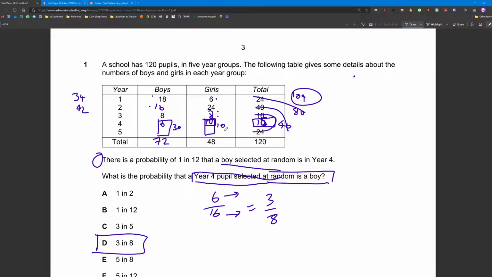And I should have realized the way in which you can think about this. It's unnecessary to calculate that these two add up to 10. It is only necessary to calculate that this value is 6 because of the probability of 1 in 12, i.e. 1 in 12 boys should be in year 4. And it is also necessary to calculate that there are 72 boys in total, given the fact there are 48 girls.